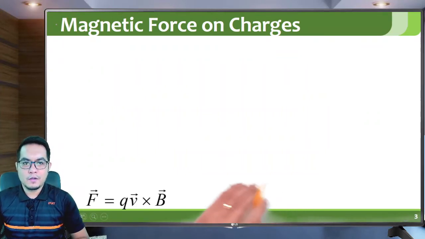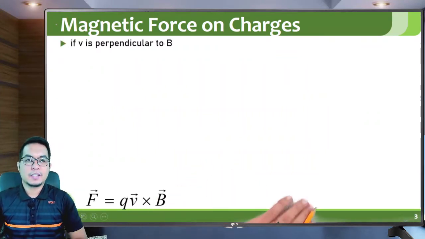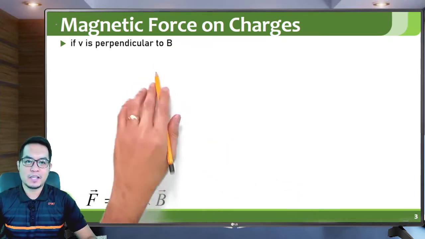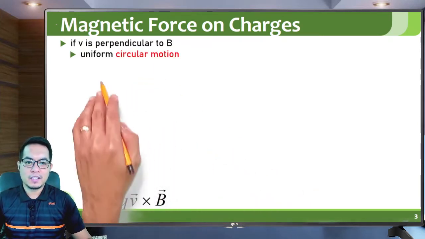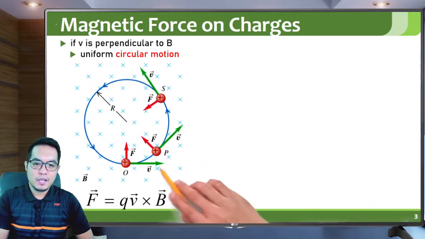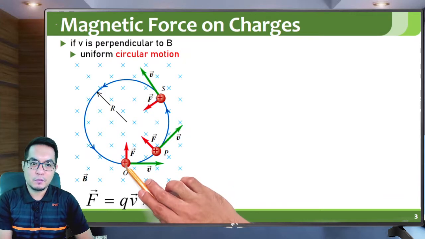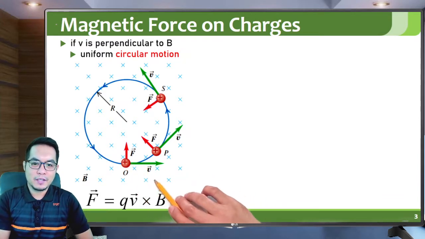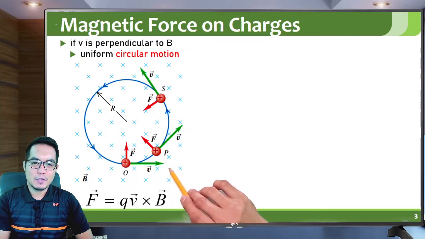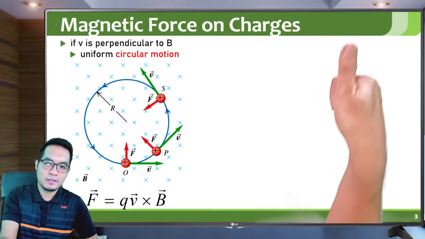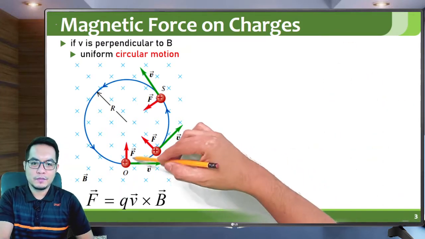Okay, so if the velocity of the moving charge is perpendicular to the magnetic field, then what you get is a uniform circular motion. If this is the original position of your moving charge, it's moving to the right, and the magnetic field is in this direction, into the plane. You make a cross product, v cross B, and you get F upward.